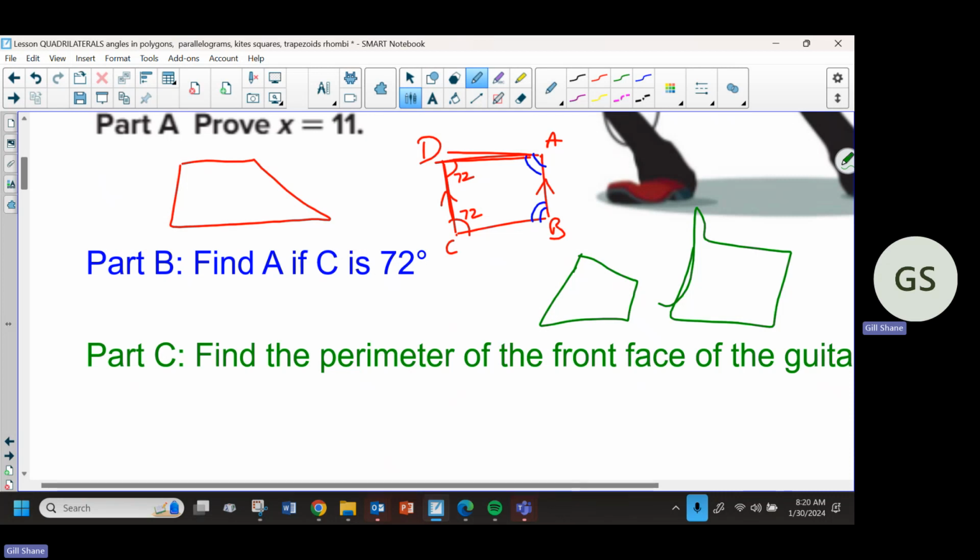So here's what I was trying to get you to say. The angles, circle them. I'm giving you processes and you guys aren't using them. I can't hold your hand. Write it down. Circle the angles. That angle plus that angle plus that angle plus that angle equals 360.